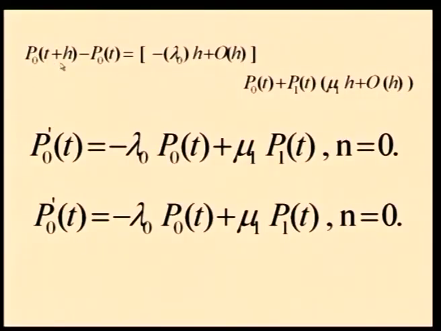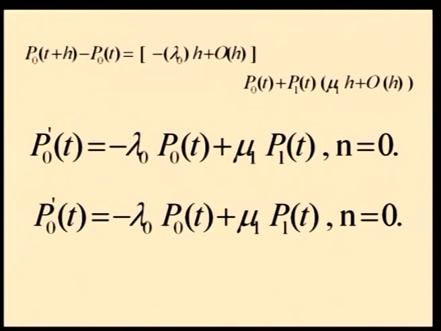So, we need to write a separate equation for n equal to 0. That is what we have here: P naught of t plus h minus P naught of t is equal to minus lambda naught h plus order of h into P naught of t, plus P1 of t into mu 1 h plus order of h.